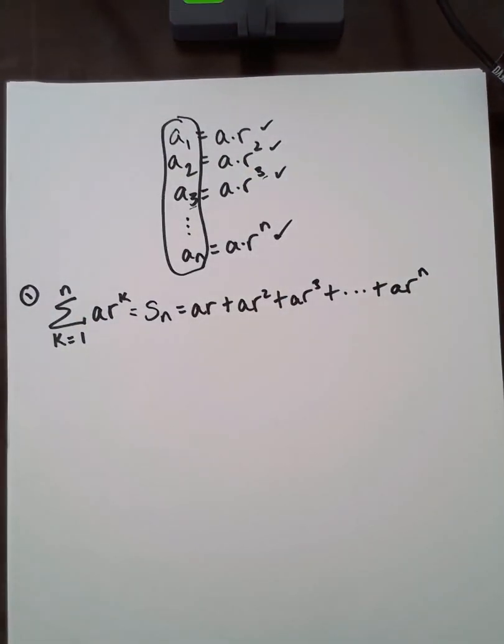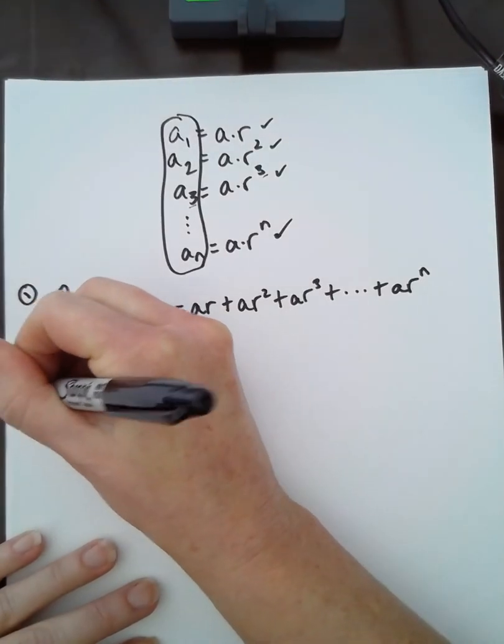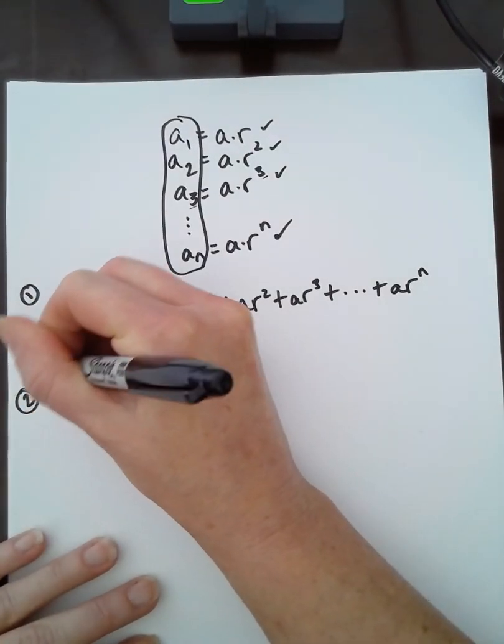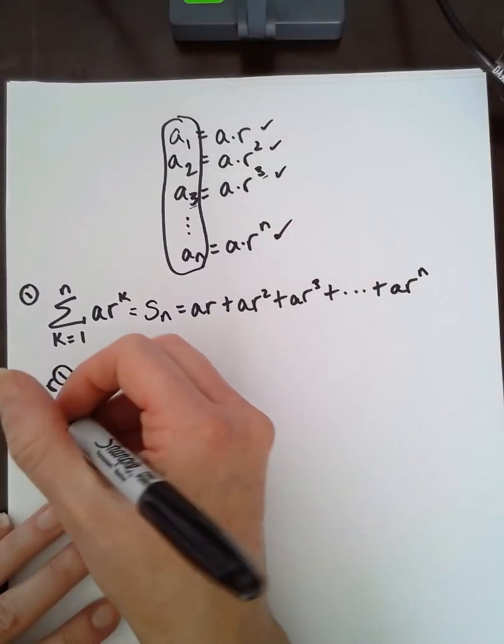Now, in order to find the closed form of the sum of a finite geometric sequence, I'm going to take equation 1 and multiply it by a factor of r, and I'm going to call that equation 2.